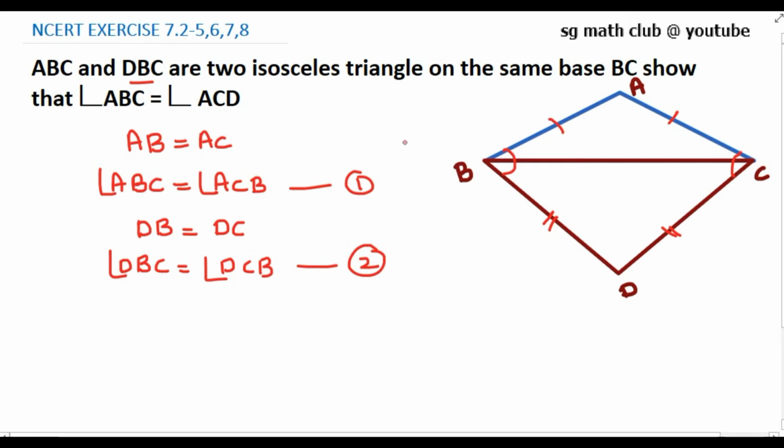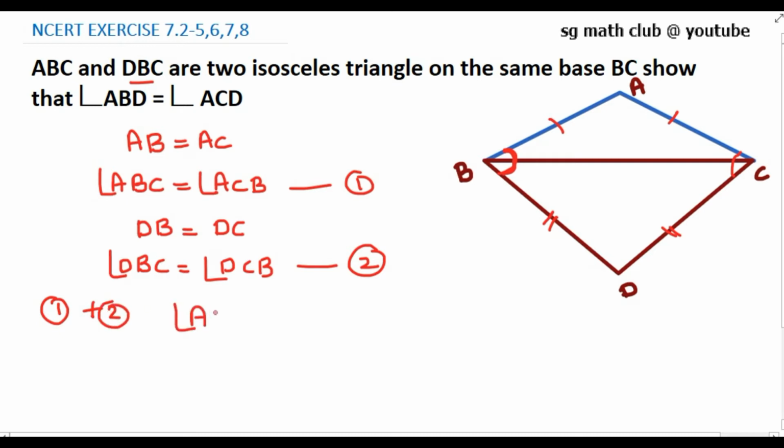We need to show the full angle ABD is equal to ACD. So full angle ABD equal to ACD we need to prove. What I am going to do is add equation 1 plus equation 2.